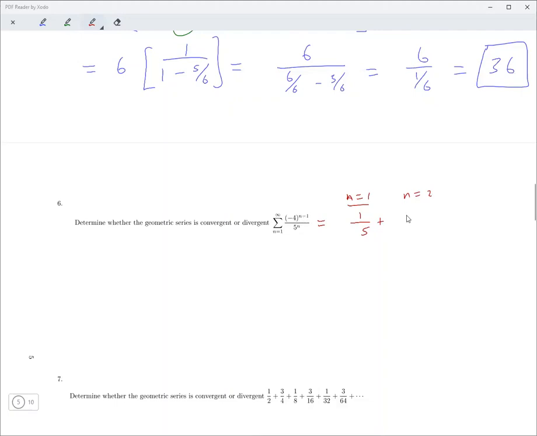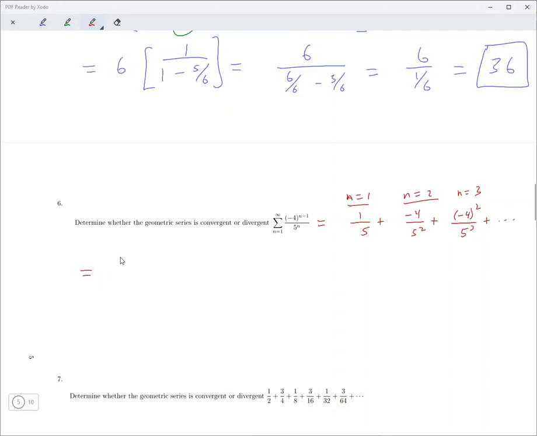Okay, then when n equals 2, this is 2 minus 1, so that's going to be -4 over 5 squared. And then when n equals 3, you're going to get -4 squared over 5 to the third. Okay, and so on.